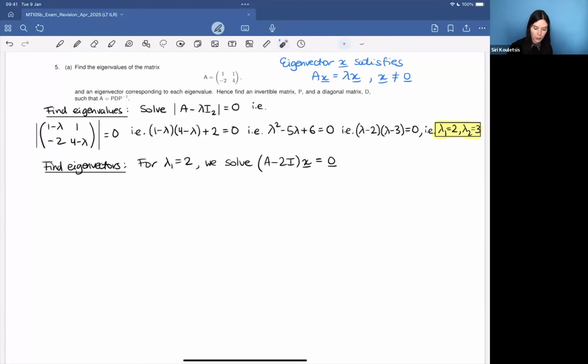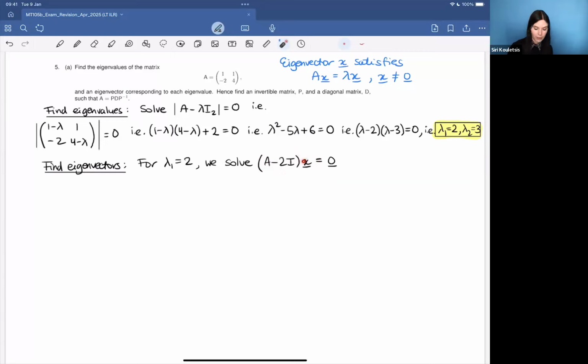And now remember, we know that this has non-zero solutions for X because we know that the determinant of A minus 2 times the identity matrix is 0. So this matrix here, A minus 2I, is not invertible, as I mentioned at the beginning.